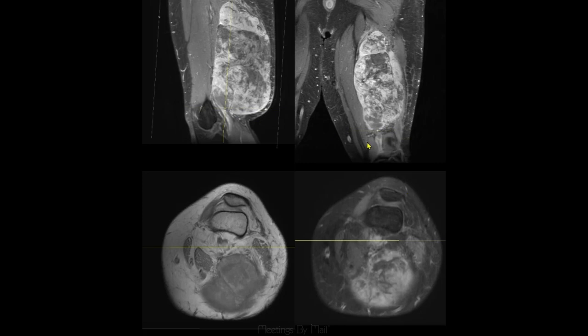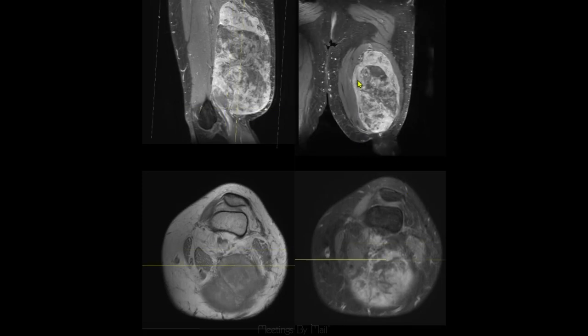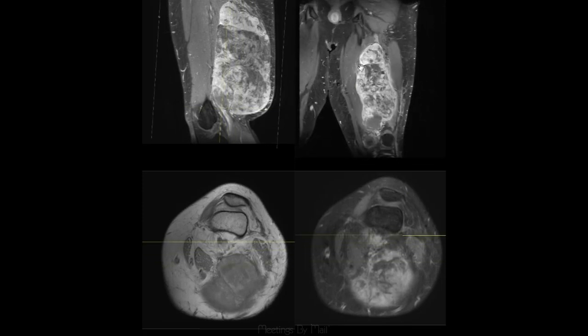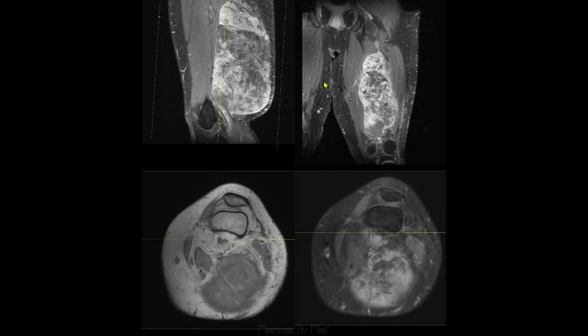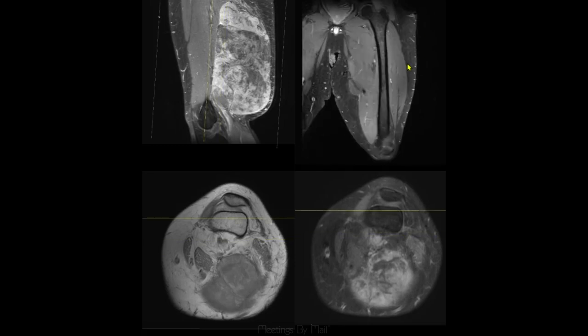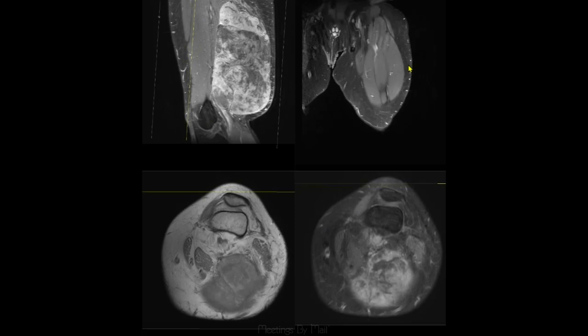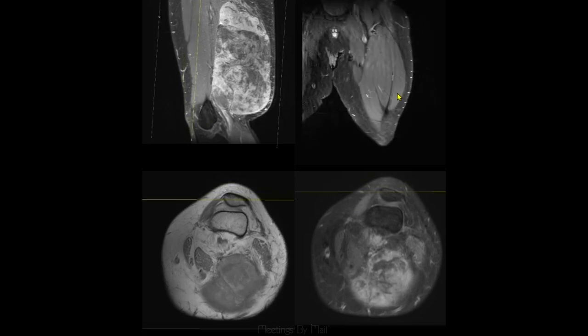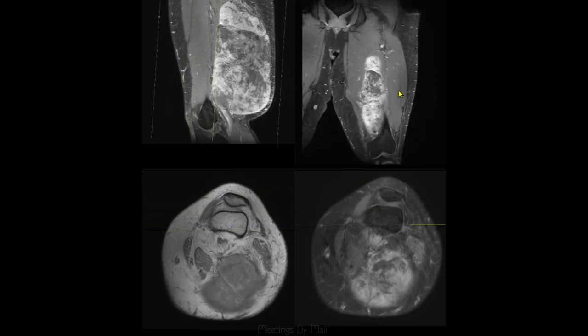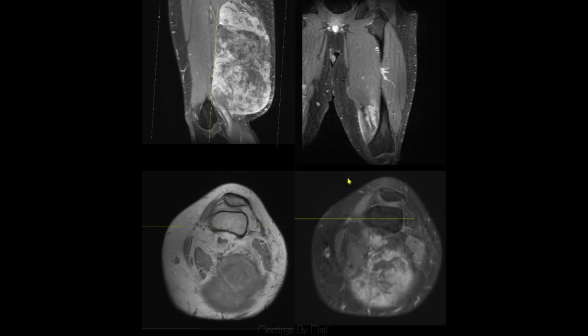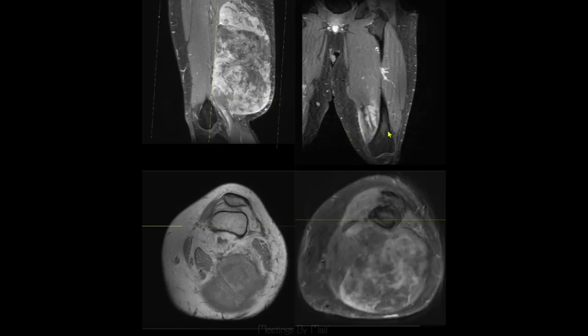Finally, we talked about lymph nodes. And of course, we don't know if there are lymph nodes distant, but we can look within the field of view. And within the field of view, we see a few scattered lymph nodes, but we don't see any lymphadenopathy. And again, that's a pretty rare thing to find. Here's a vessel right here, so I probably want to describe how close that is.